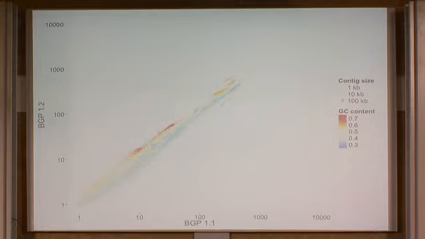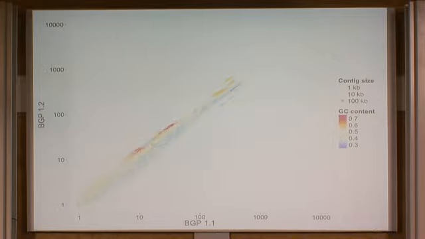Each data point is a contig. The size of the point is the size of the contig. You probably cannot see many differences here. The contigs are colored by their GC content, and this is comparing replicate 1 of sample 1 to replicate 2 of sample 1.